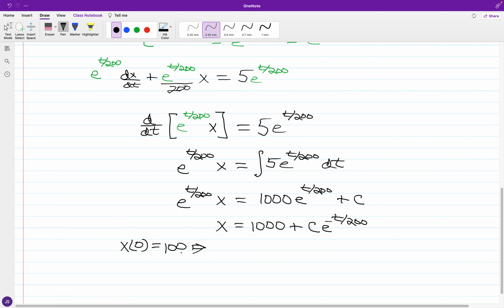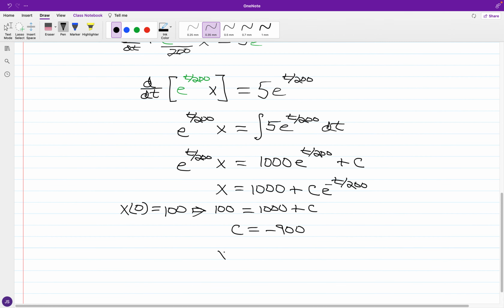Yes, initially you have 100 kilograms at time 0. So your x is 100 whenever t is at 0, and e to the 0 is going to be 1. If I take 1,000 away from both sides, we have that c is equal to negative 900.